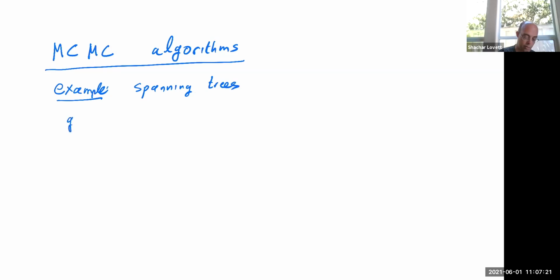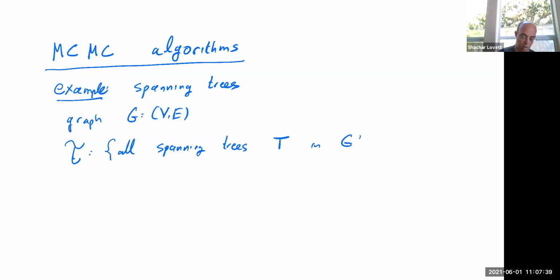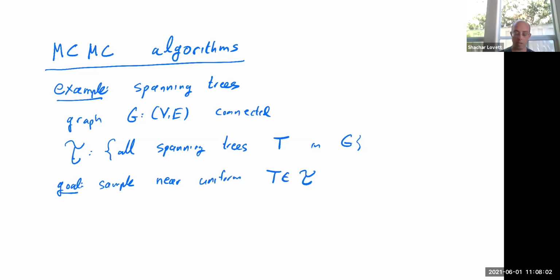The setup was a graph G, which is (V, E), and let's call curly T the set of all spanning trees T in G. To have a spanning tree, we'll assume this graph is connected. Otherwise, there are no spanning trees. Again, the goal here was to sample a near uniform T in this curly T, the set of all spanning trees.